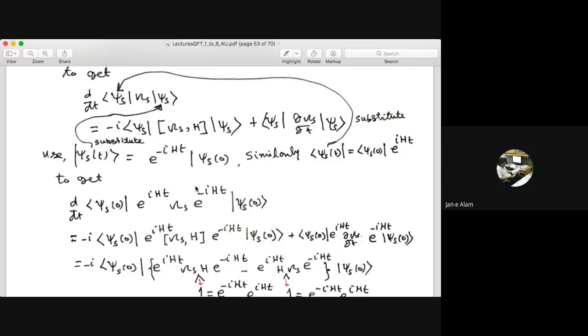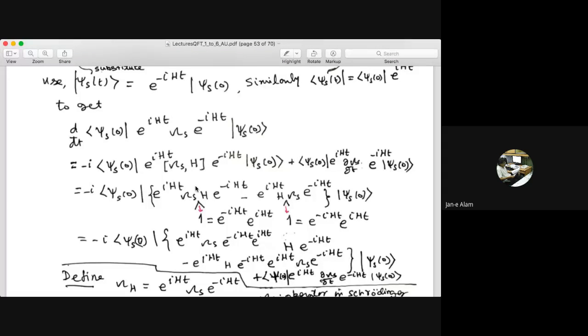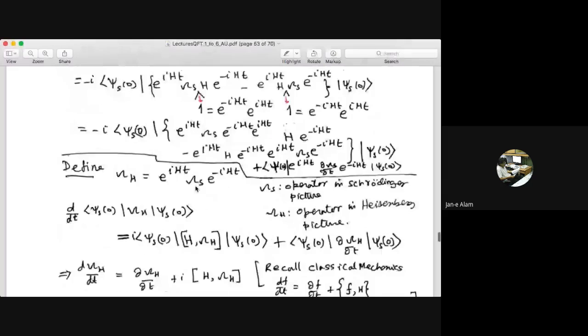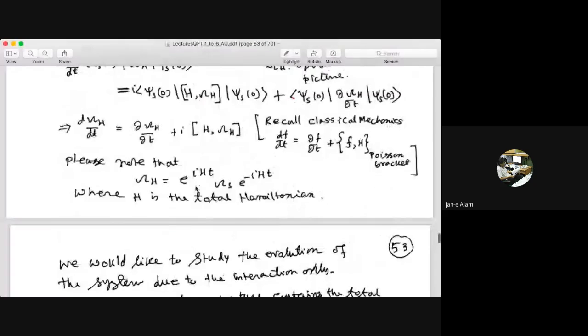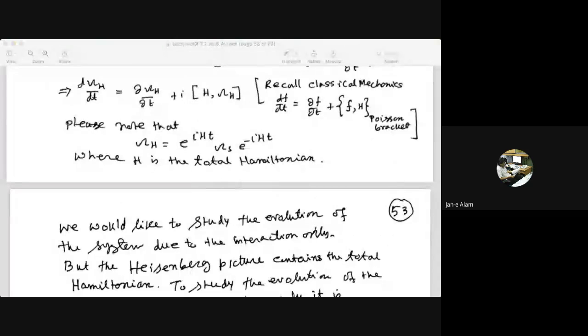The evolution due to the free part of the Hamiltonian we have washed out through a unitary transformation by going into the interaction picture, or Dirac picture. Unless you have any problem, I will skip this part, but let me know if any of you have any problem.